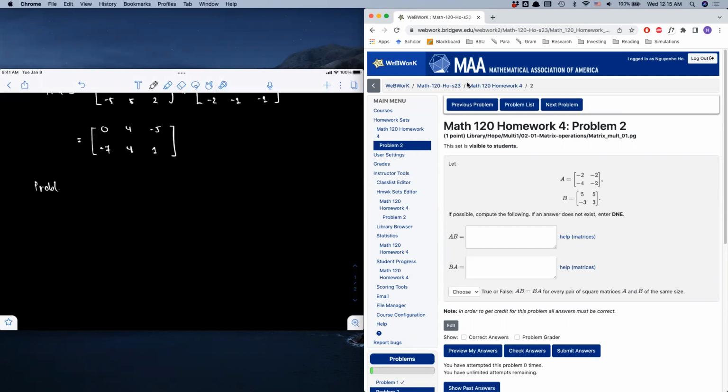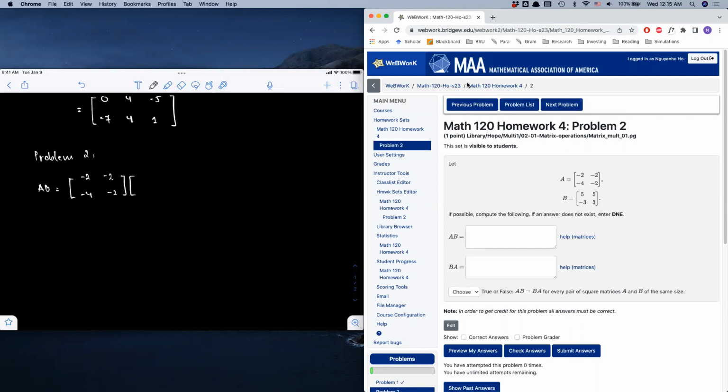For problem 2, we're going to do the product A times B, where matrix A is -2, -2, -4, -2 and matrix B is 5, 5, -3, 3. This is a 2 by 2 matrix multiplied with another 2 by 2 matrix, so the resulting matrix should be a 2 by 2 matrix as well.